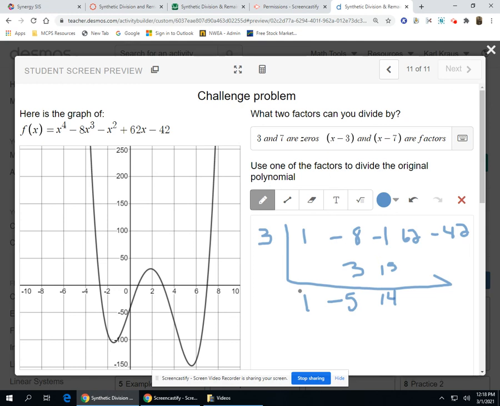Let's see, 1, 3 times 1, 3, negative 8, you get negative 5, negative 15, times, this would be a negative 15.